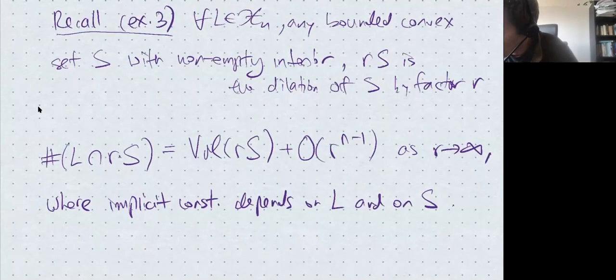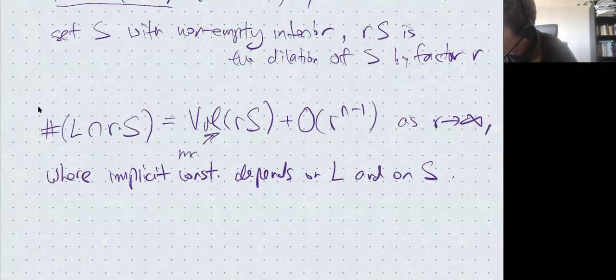And so we could call this guy here the main term, because it's growing essentially like R to the power n. It's the volume of S times R to the power n. And this is the error term.